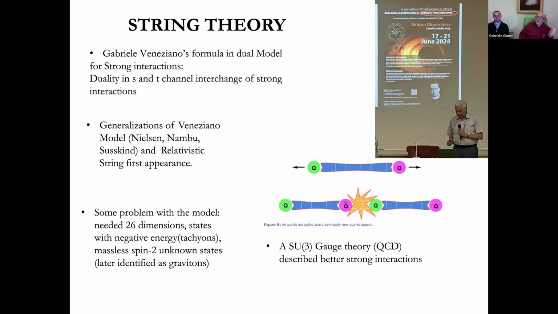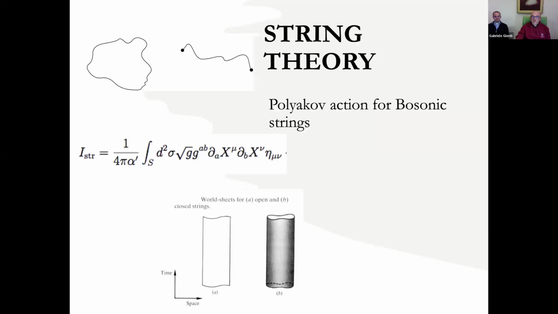Later, they were identified as gravitons, the quantum particle that should come from quantization of Einstein's relativity. Anyway, this model of strong interaction was abandoned because gauge theories were introduced and they worked better than this model coming from Veneziano.